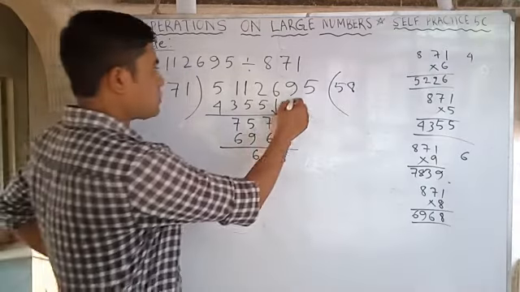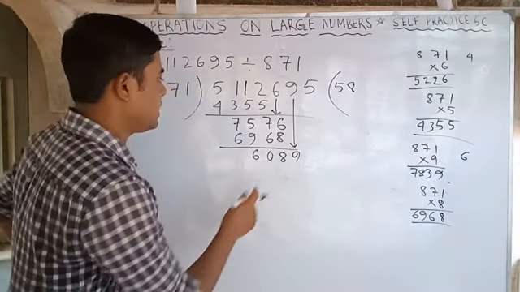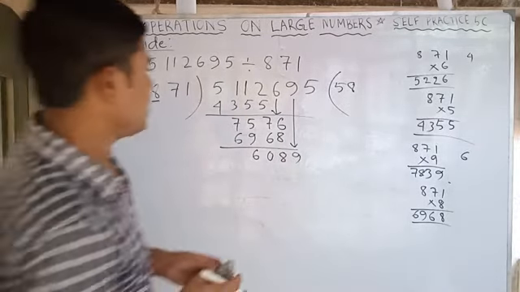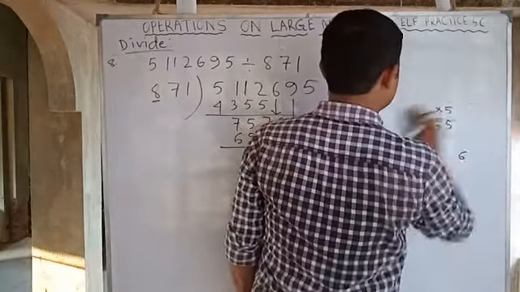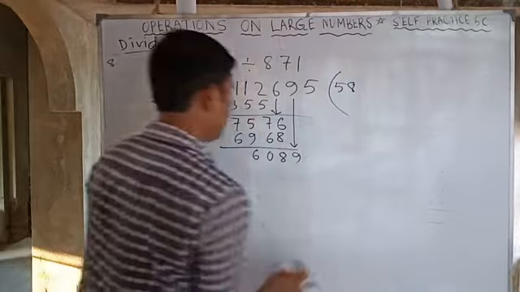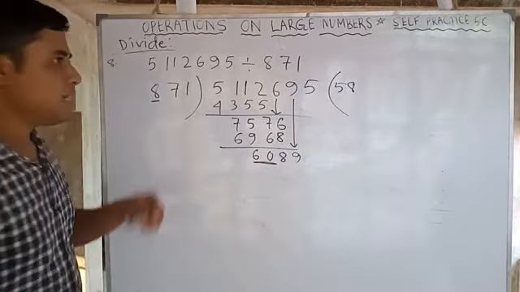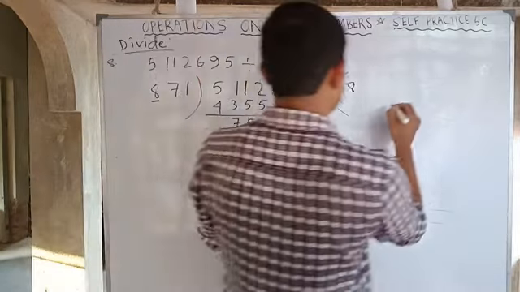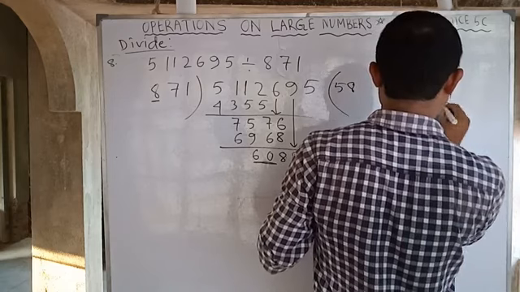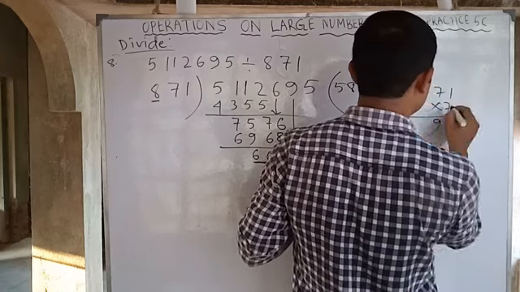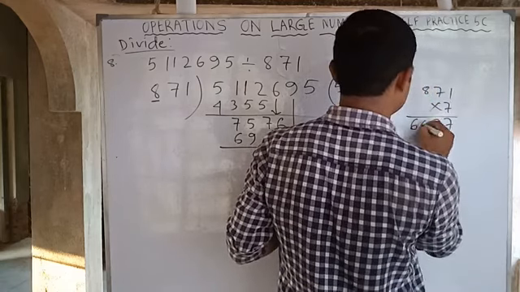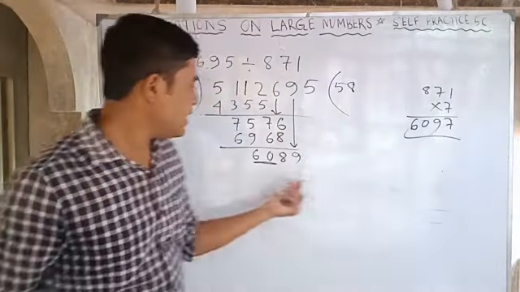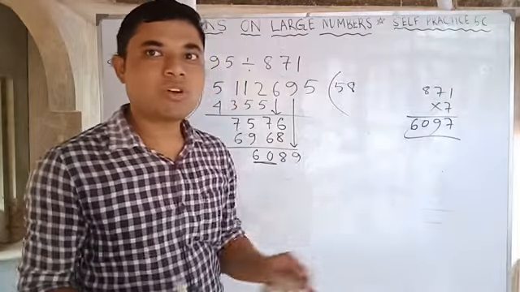Now take 9. Okay. So which number will we check? 60. That means 7 8s are 56. Check for 7. Okay, so 871 by 7. So 7, 49, 56, 60. Yes. Oh no, it is greater. Here 89, here 97. So we have to move back.